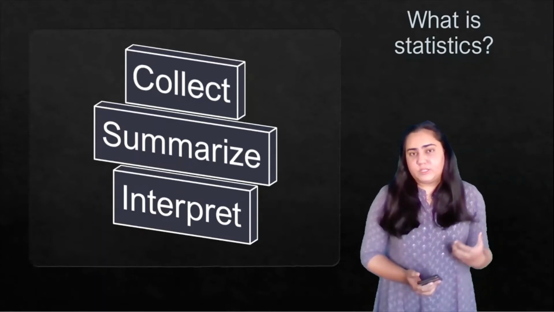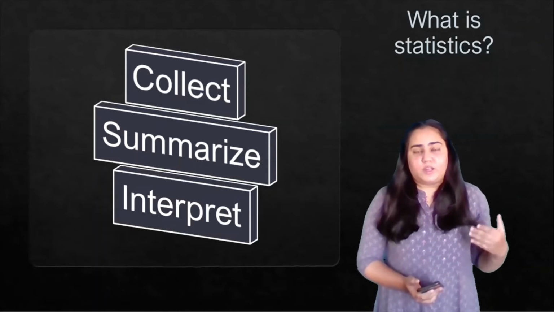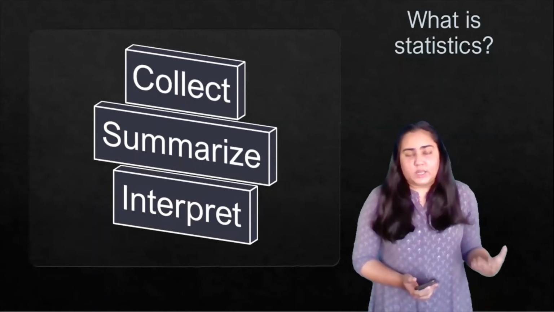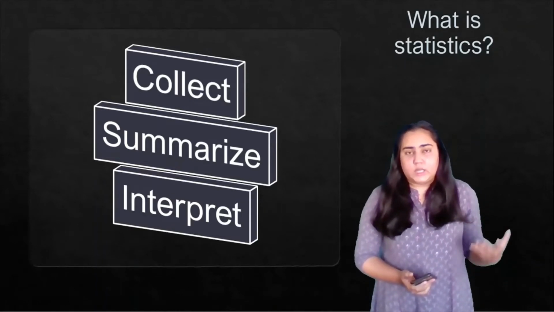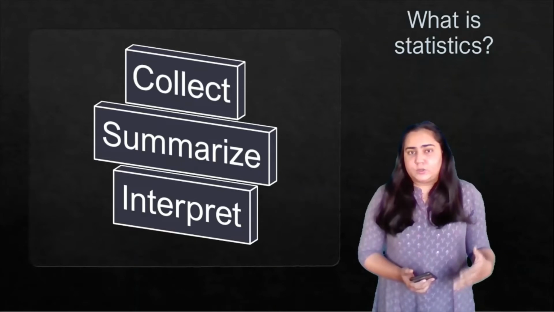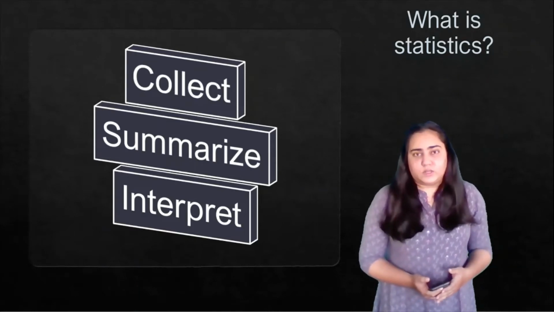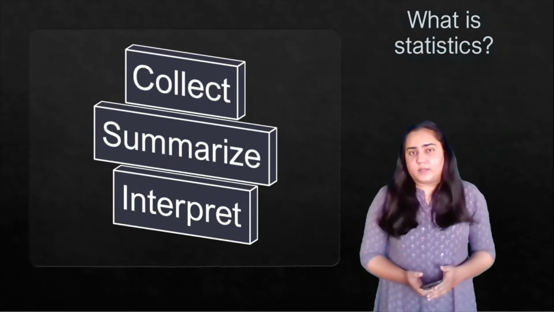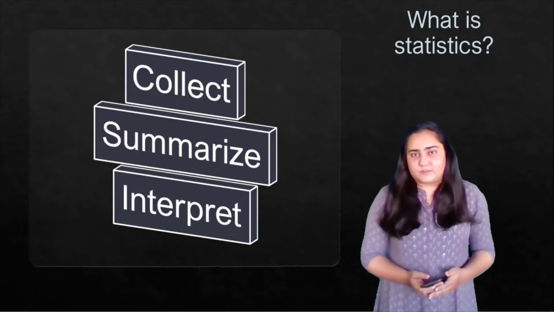So interpretation of data is where you will try to understand the data and find meaning in the data after summarizing the data. And then once you've done that, you need to visualize. So for visualization, we are going to use certain techniques, but statistics is mainly for analysis of data.